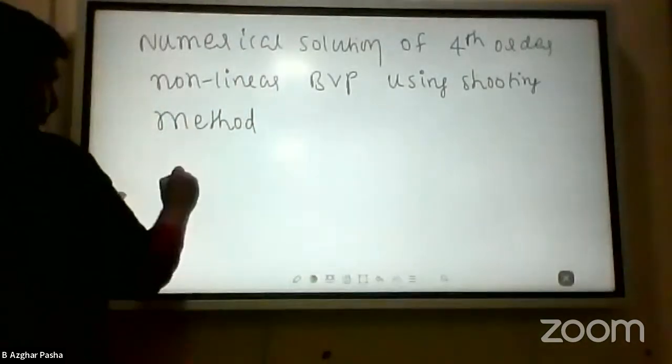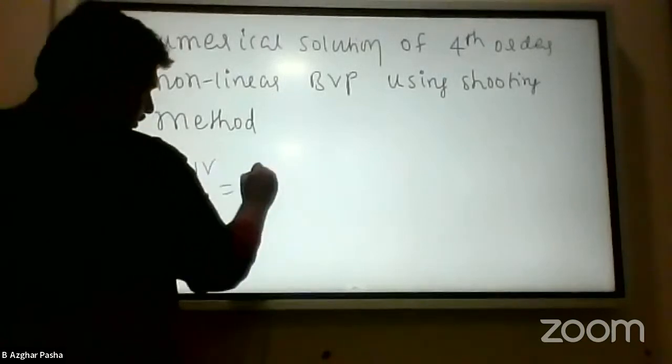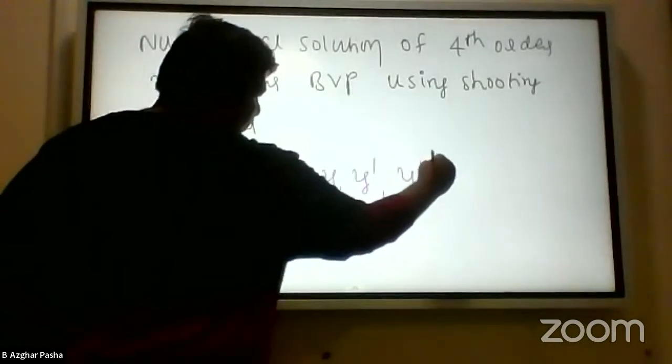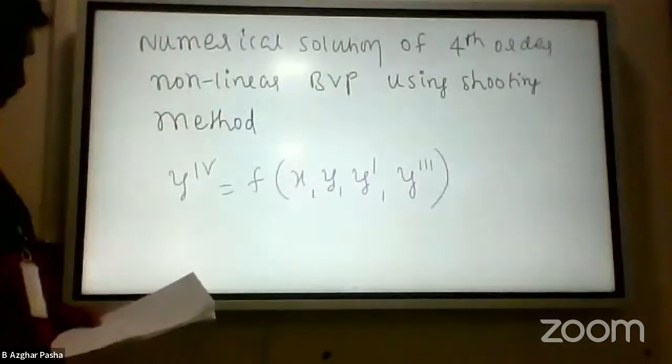So fourth order equation will be like this: f of x, y, y dash, y triple dash with some boundary conditions.